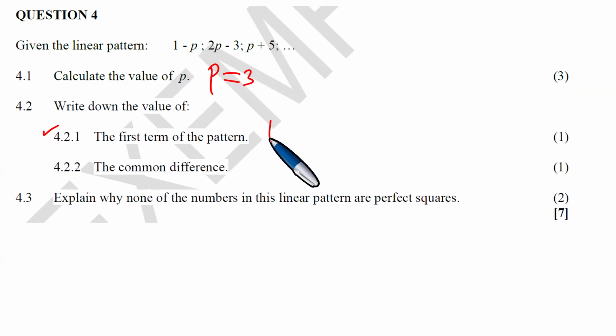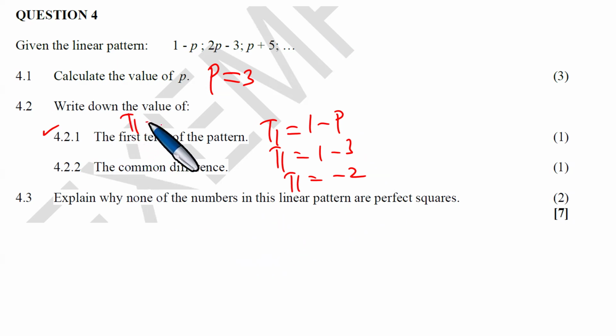The first term is 1 minus p, which is 1 minus 3, which is minus 2. So the first term of the pattern is T1 equals minus 2.